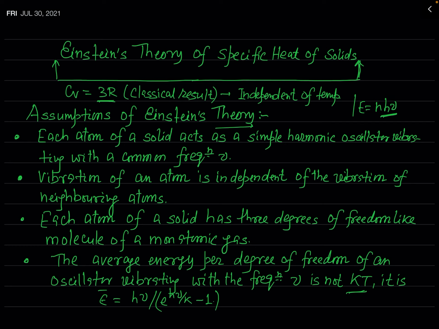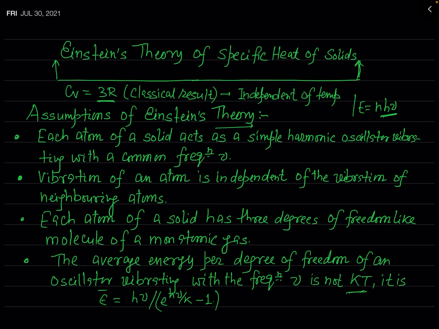These assumptions we have discussed in detail in the previous lecture, but for your convenience, I have again mentioned the assumptions on which Einstein's theory is based. I am just going to read these assumptions because you have seen them in the previous lecture.